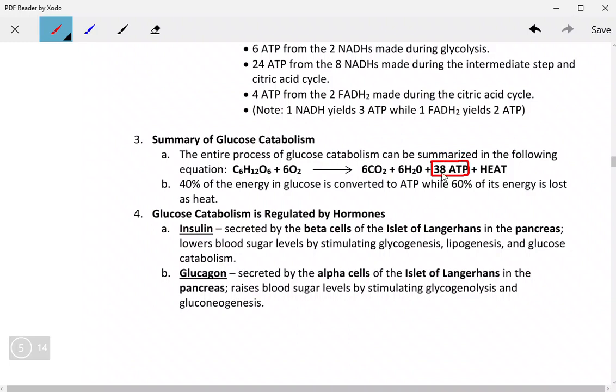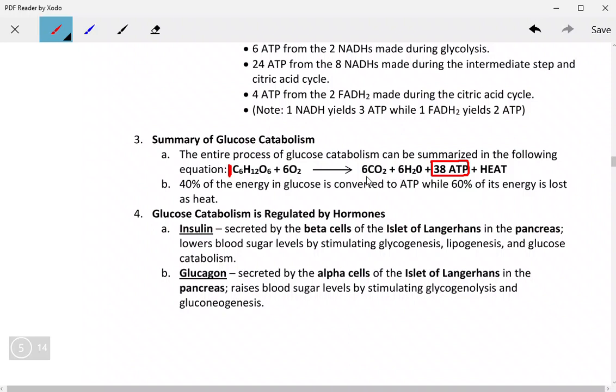And you already know the majority of those ATP molecules are coming from the ETS. Remember, 2 from glycolysis, 2 from the citric acid cycle, and 34 from the ETS. For every one glucose molecule, our body cells can produce 38 ATP molecules.